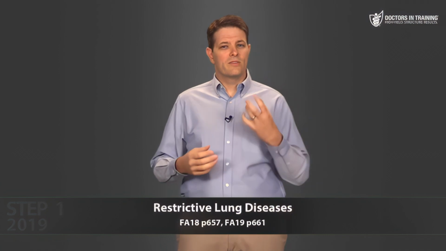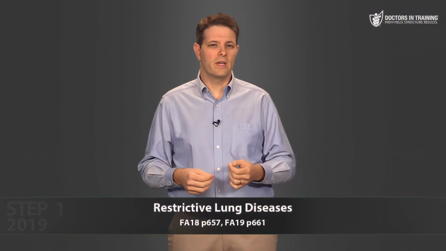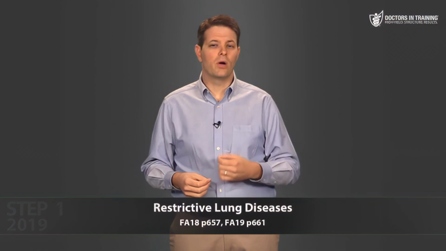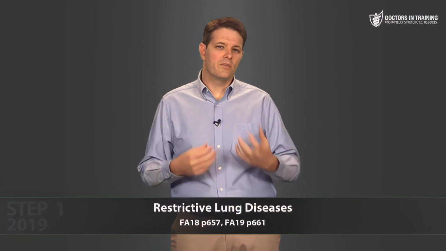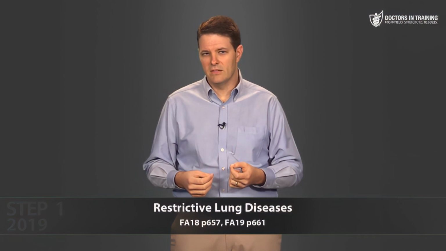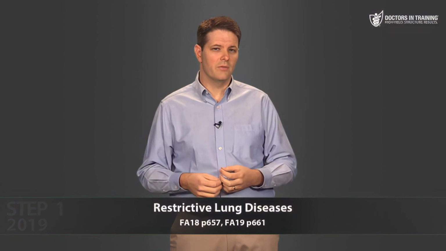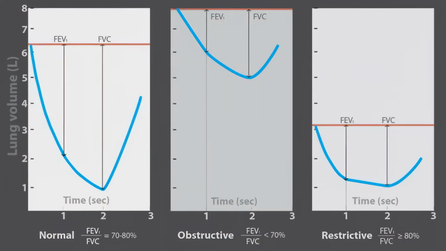But in either case, restrictive lung disease results in decreased lung volumes, an increased work of breathing, and inadequate ventilation and/or oxygenation. Now, restrictive lung disease will cause decreased lung volume on PFTs. So the total lung capacity will be low and the forced vital capacity will be low. Now, on the left is the normal lung volume graph, and on the far right is the patient with restrictive lung disease.